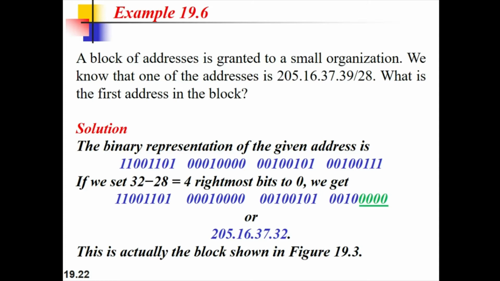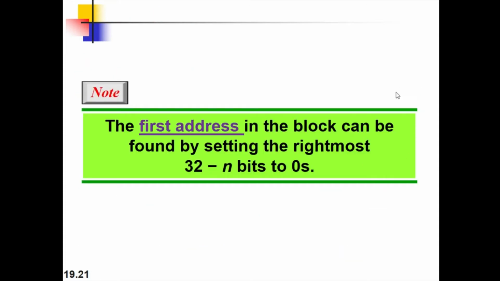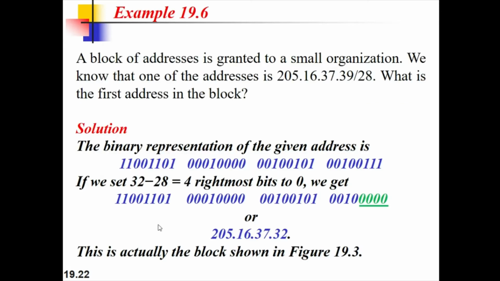The method that we use here is to set the rightmost 32 minus n bits to 0. So change this IP address into binary notation. When you change it, you will get this number. This one is the mask. If we set 32 minus 28, it is equal to 4.